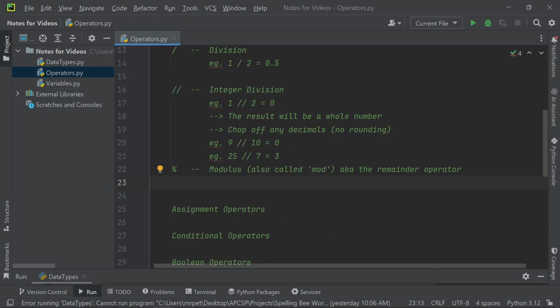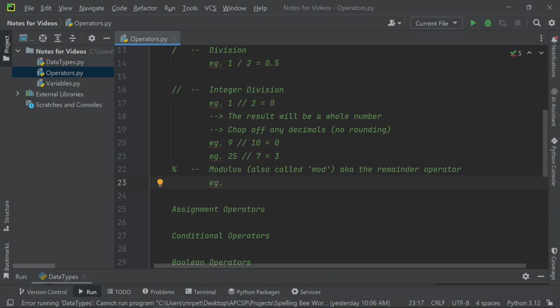Modulus is actually something that you probably have done a long time ago. If you ever did a long division in elementary school, there was a type of long division that you might have done where you would get a number, and if it didn't go in evenly, instead of finding the decimal value, you might have just written the letter R and gotten the whole number left over.